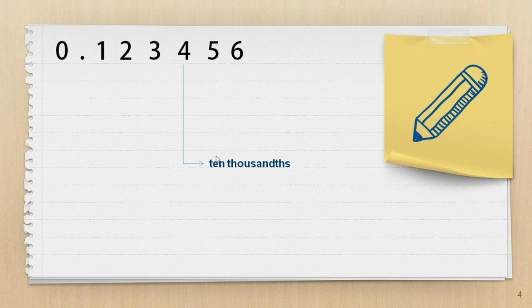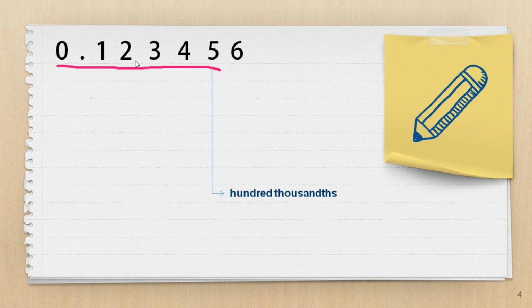Same with 5. So, this is hundred-thousandths. We have 12,345 hundred-thousandths. Kung isusulat natin sa fraction, that's 12345 over 100,000.